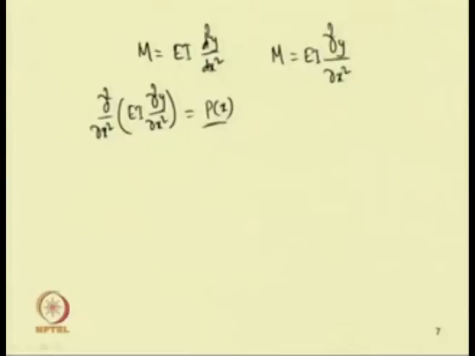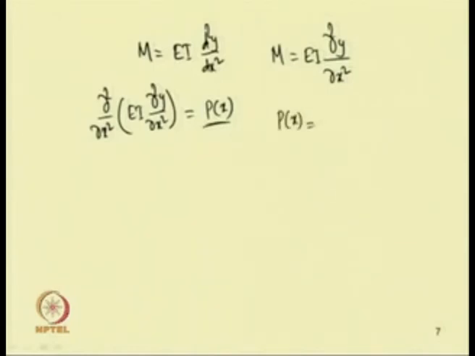Now, for this vibrating beam, the rate of loading will be equal to the inertia force. The inertia force equals the mass of that element into the acceleration, and it acts in a direction opposite to that of the acceleration. So Px equals minus m, the mass per unit length, into del square y by del t square.